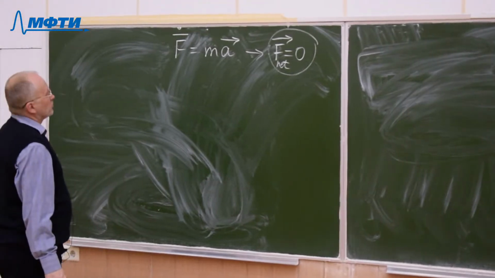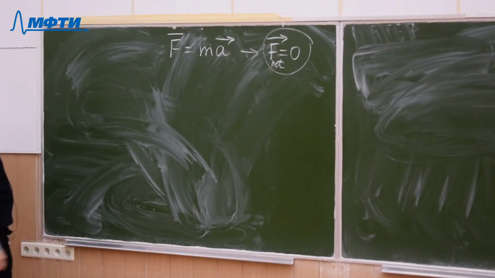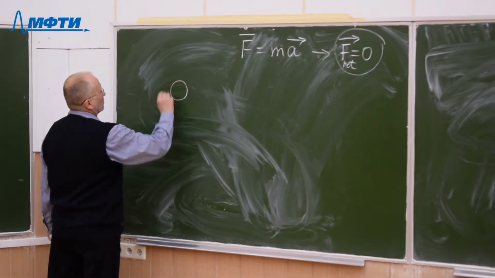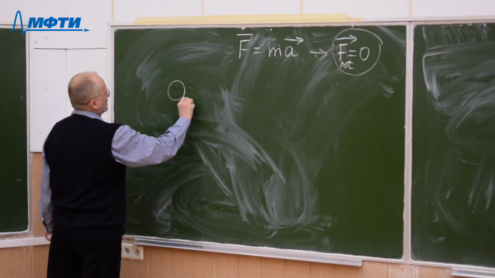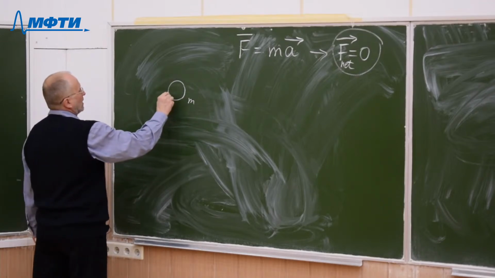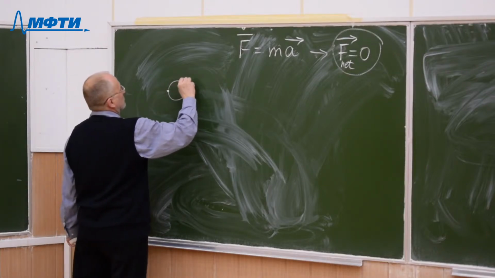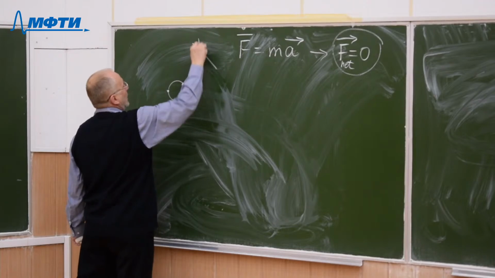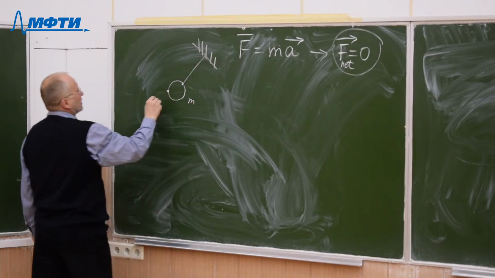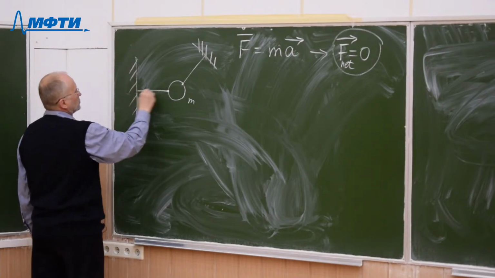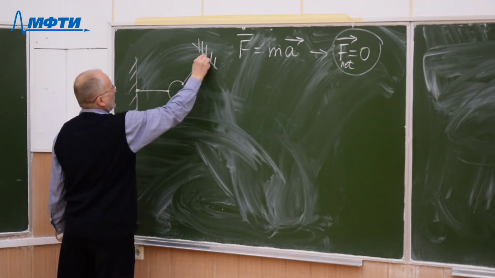For example, let's consider a simple example. Let's consider a ball of a given mass, and the ball is tied by a thread here, and another thread is here. So two threads keep the ball in this condition.